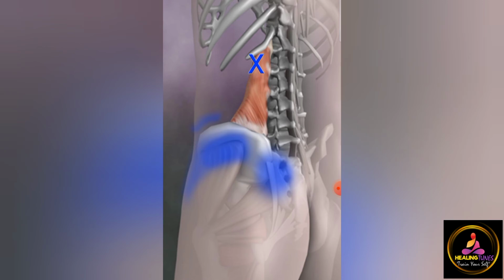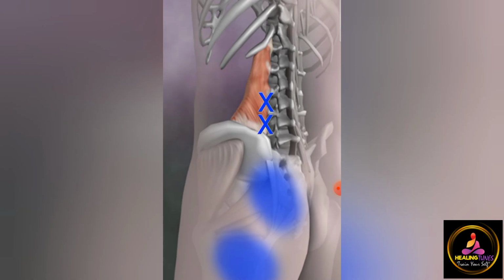The most inferior point refers into the buttock. The middle trigger point refers over the SI joint.